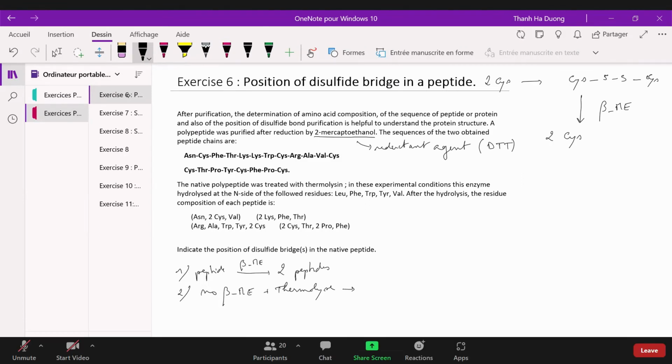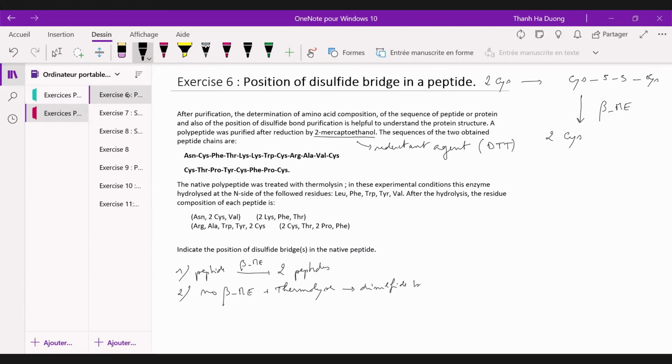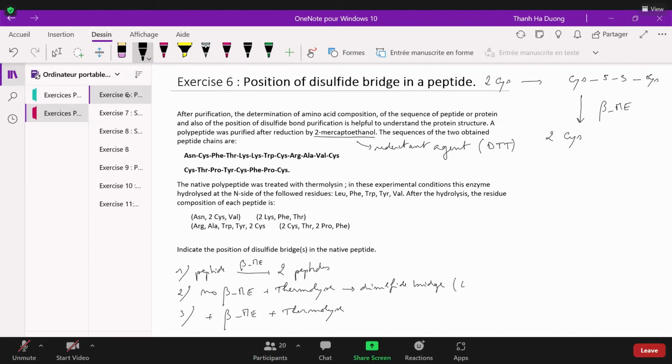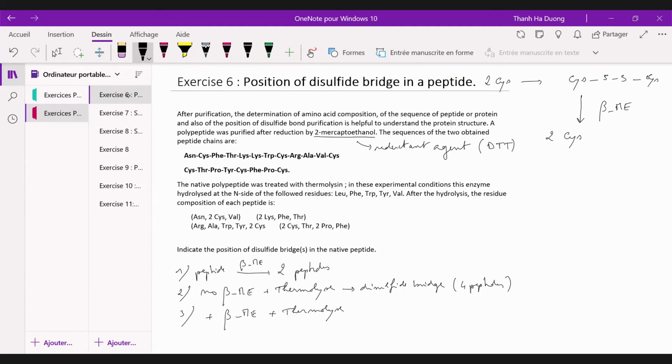So you will have the disulfide bridge. And if you put the same, here you have 4 peptides. Here you have 2 peptides. So let's try to do that first.